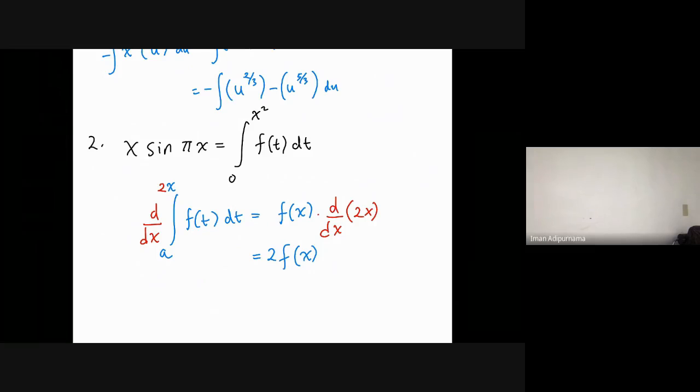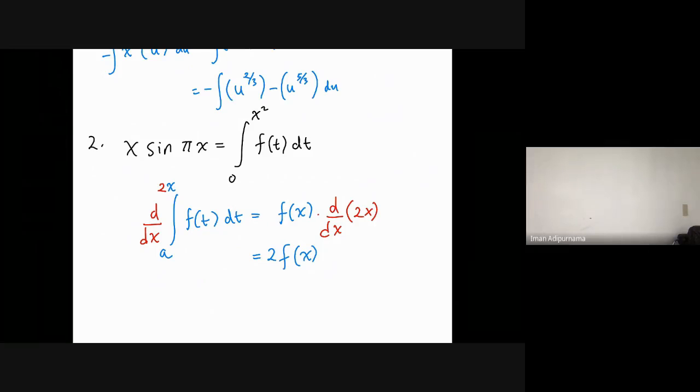You also need to differentiate if this is a function of x. You need to grasp the basic concept for the fundamental theorem of calculus. If the endpoint is any function of x, you need to include this chain rule inside the results.